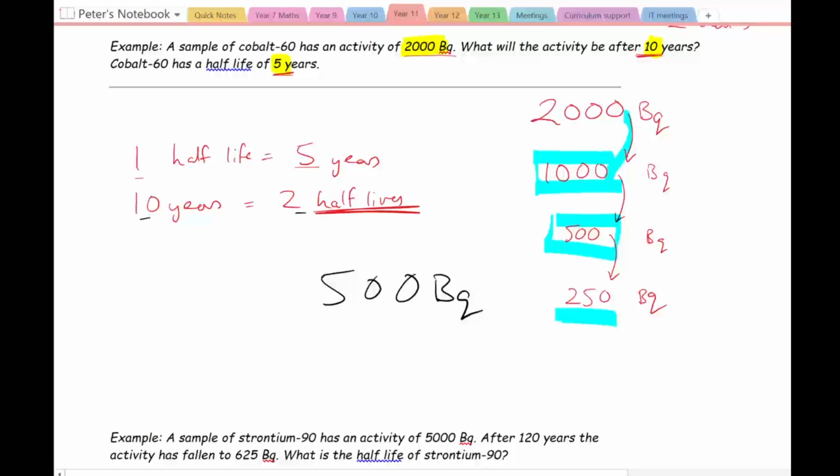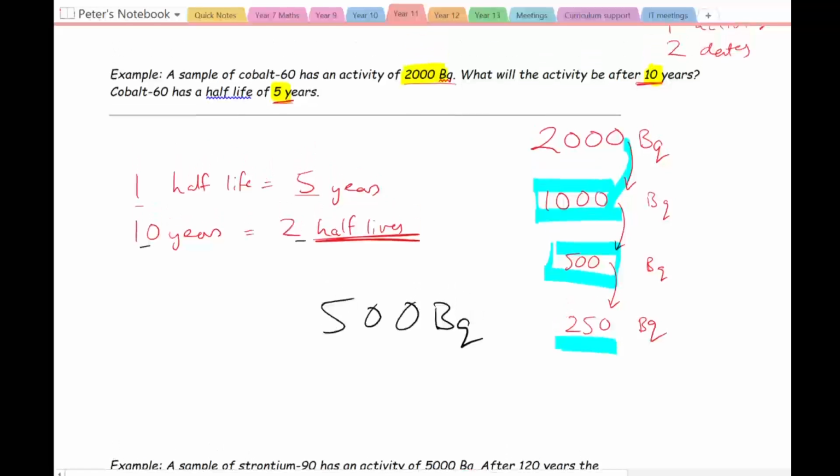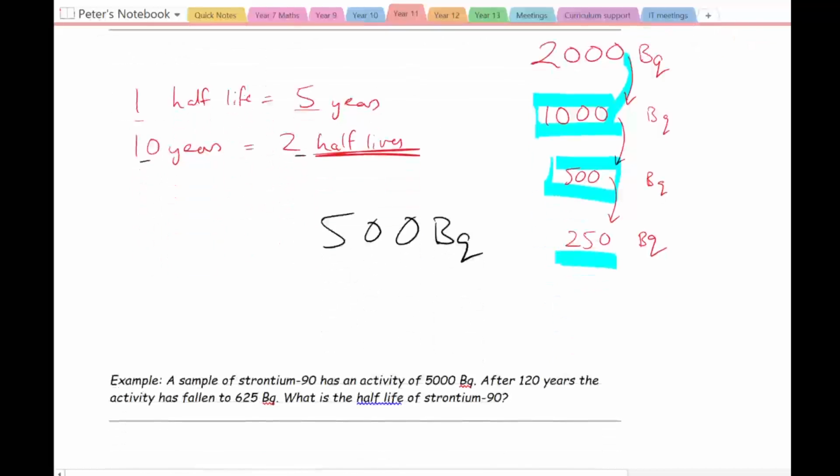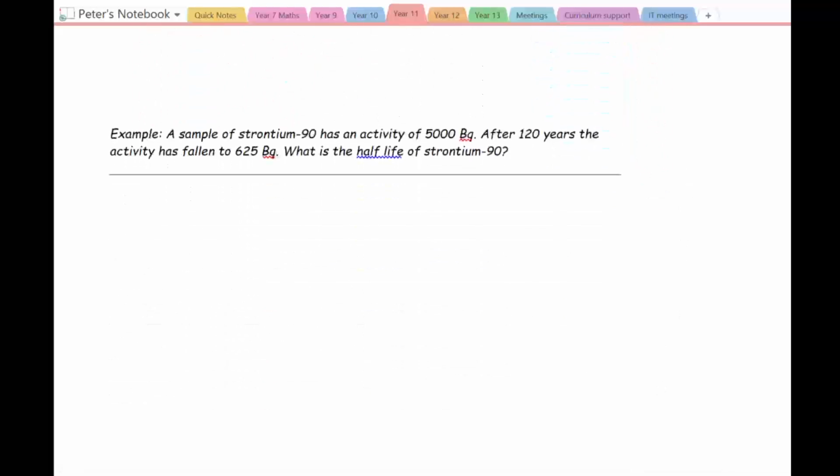So that's how you answer that type of question, and that question gives you numerical information including one activity and 2 values of time, 2 kind of dates. So the next type of question is very, very similar, except you look at the actual data you're given. So the strontium-90 isn't important here, it's just any type of isotope.